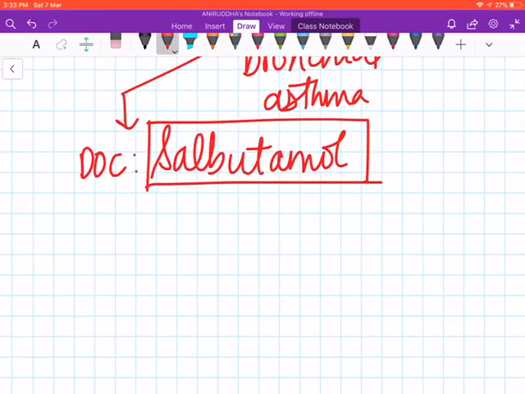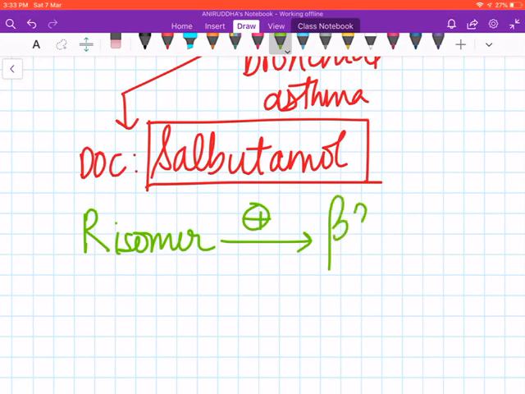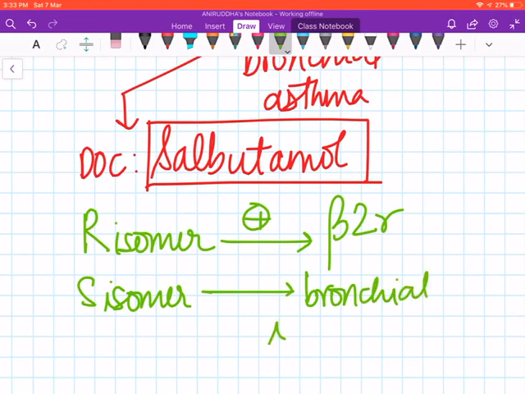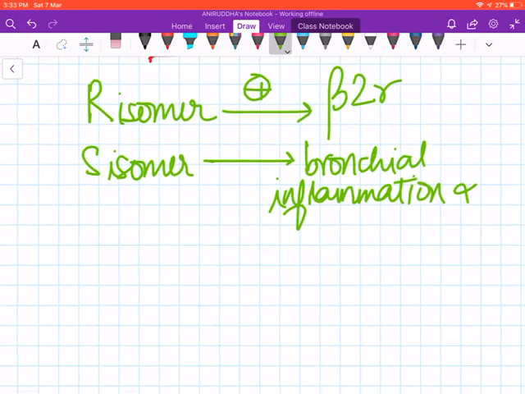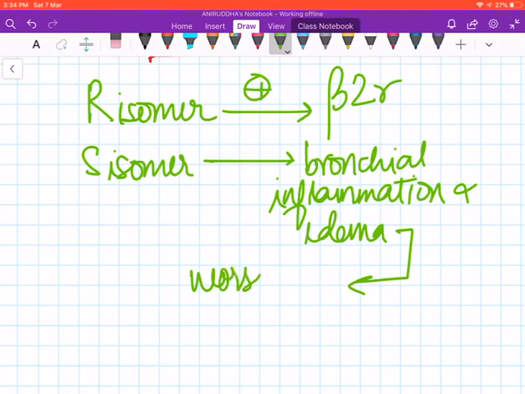There's a very interesting thing about salbutamol: it is believed that the R isomer activates the beta 2 receptor, and there is a fear that the S isomer actually causes bronchial inflammation and edema, thereby worsening the asthma.